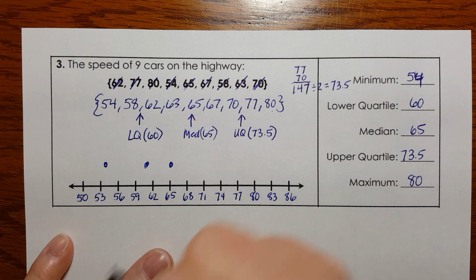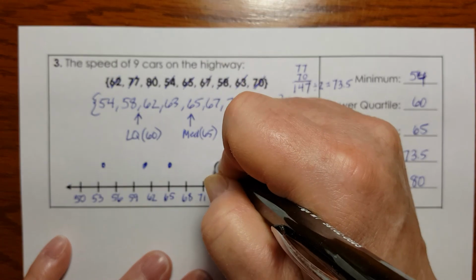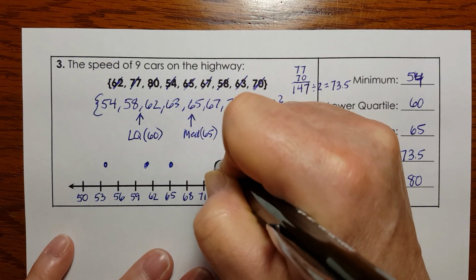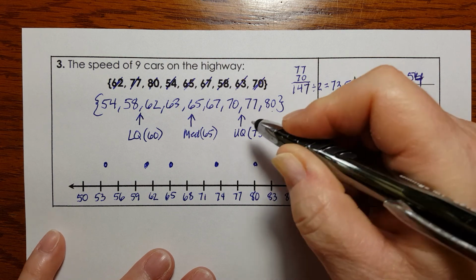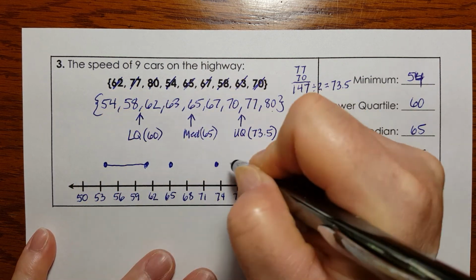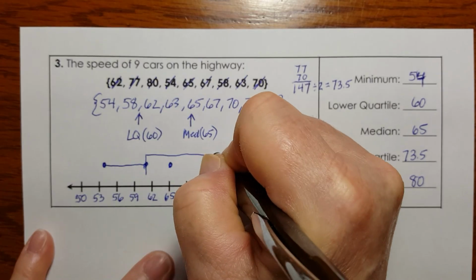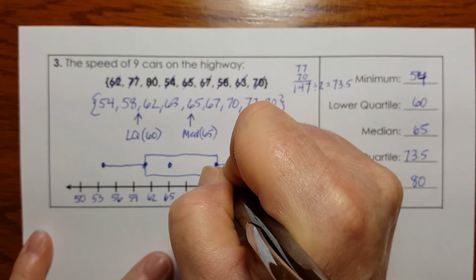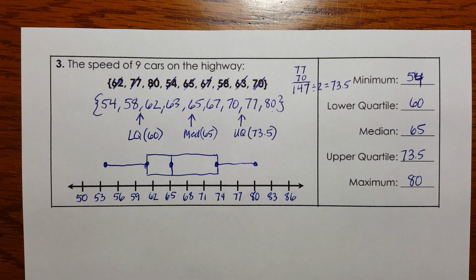Upper quartile, 73.5, which would be like there-ish. And 80. Okay, we're going to draw our whiskers and our box and our median. Okay, we didn't have to answer any questions on that one.